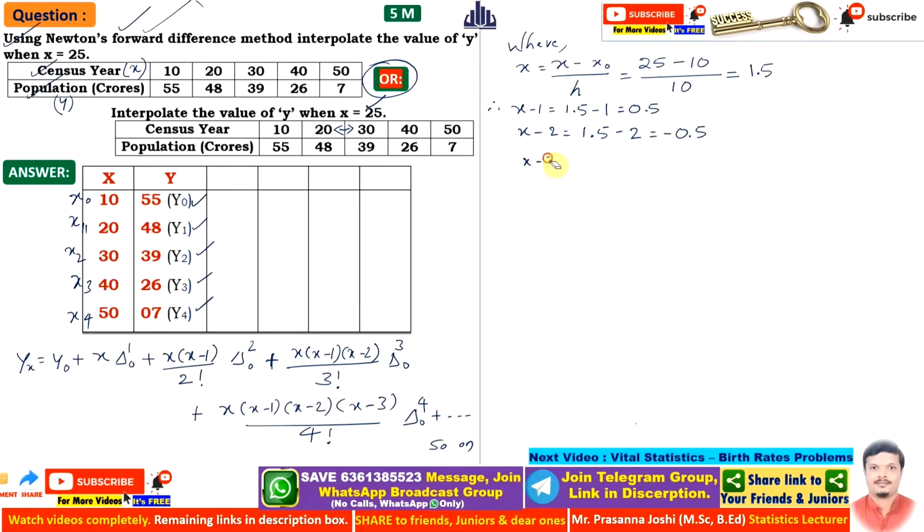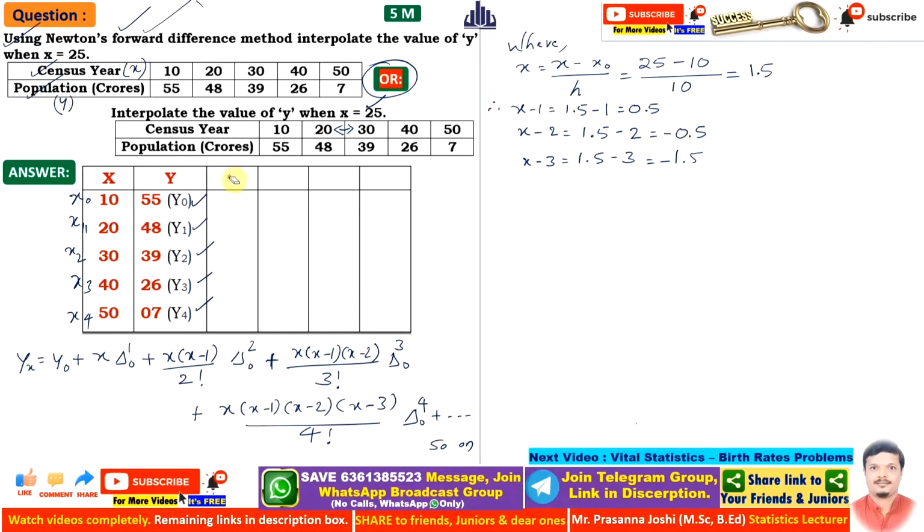Then x minus 3 is equal to 1.5 minus 3. Is it not minus 1.5? Yes. So now we have got all these x, x minus 1, x minus 2 and x minus 3 values for the substitution, and then we have to calculate these delta 0,1, delta 0,2, delta 0,3 and delta 0,4 values. Other than that, 2 factorial, 3 factorial and 4 factorial, how to calculate, we already know.